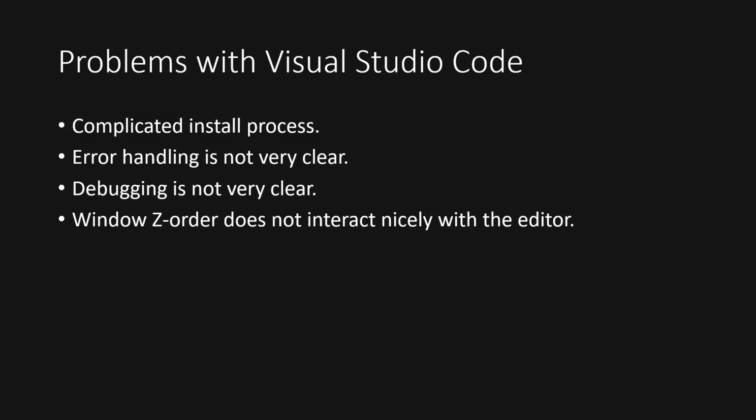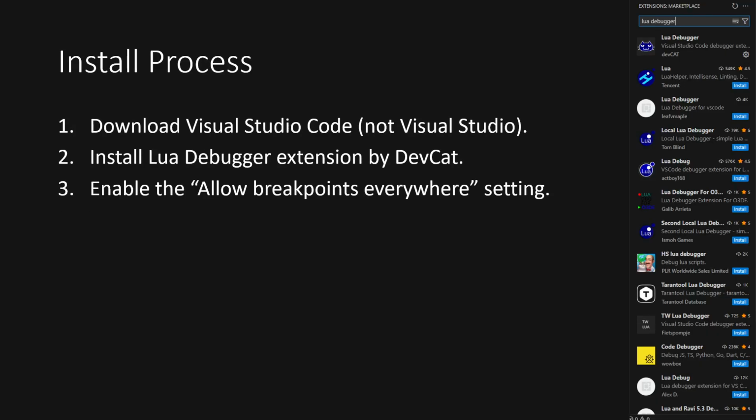So let's talk about this in more detail. The install process is easy. You just download Visual Studio Code, which is not to be confused with Visual Studio, because those are two completely different programs, even though they have almost the same name. Thank you, Microsoft. That's not confusing at all.